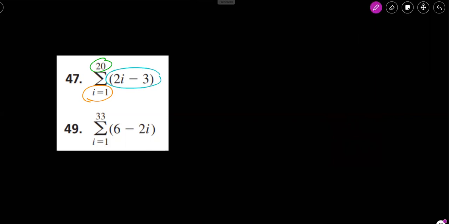So if I were to step through this, if I was going to go 1 through 20 positions, to find the value of each position, I would have to plug in the position number for i, so 2 times 1 minus 3. And then I'd have to do 2 times 2 minus 3, 2 times... let's zoom in a little bit more.